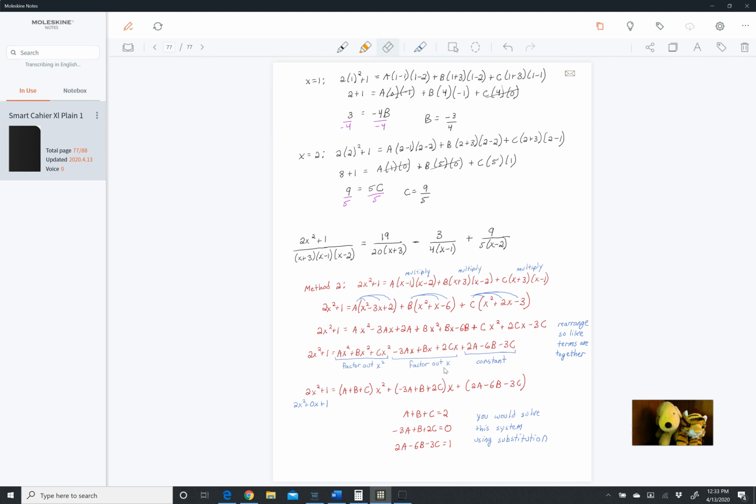Sorry, I'm just looking at my sheet. Let's do the example of, that was number 2, or number 3, that was number 3, so number 4.